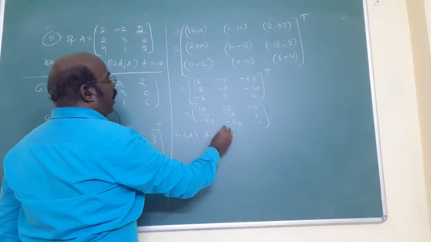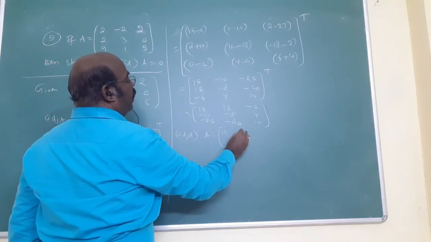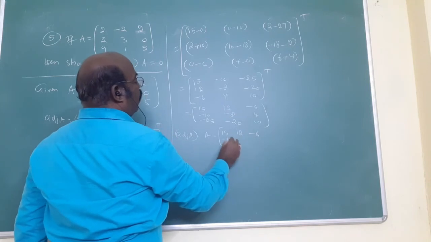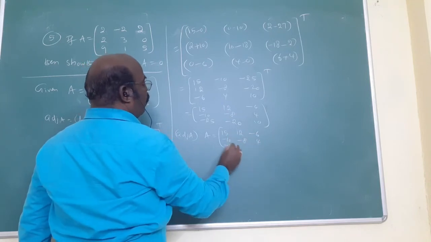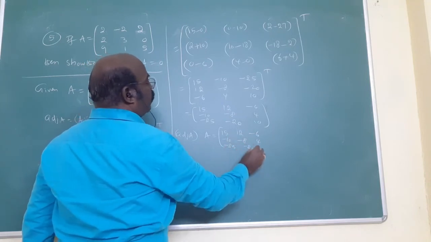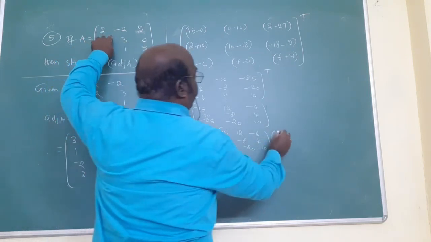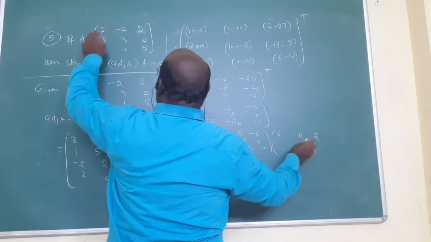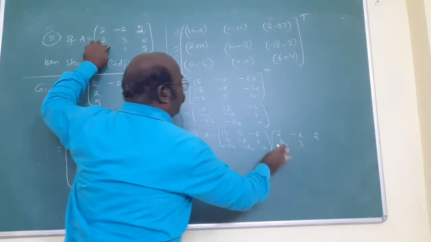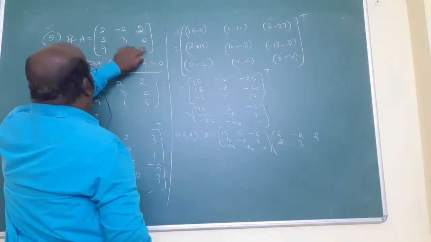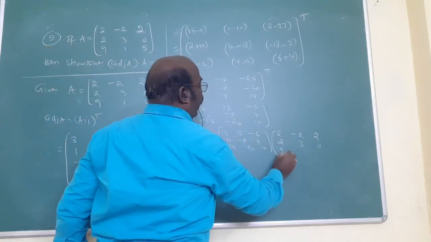Now adj is what? 15, 12 minus 6, minus 10 minus 8 4, minus 25 minus 20, last is 10, into A, which is minus 2 minus 2 2, next 2 3 2 3 0 9 1 5.